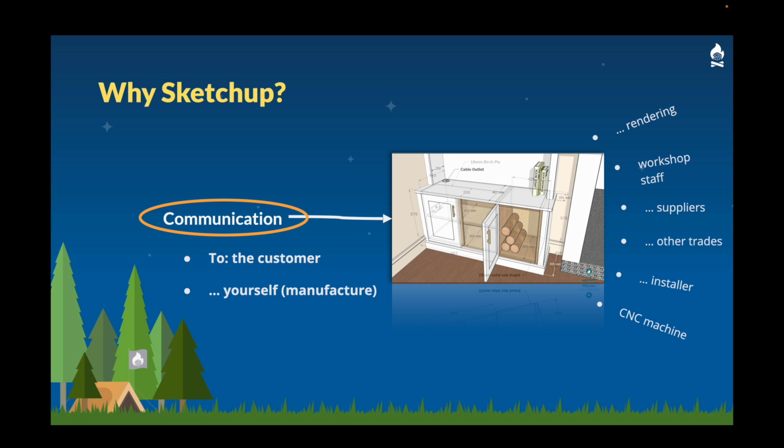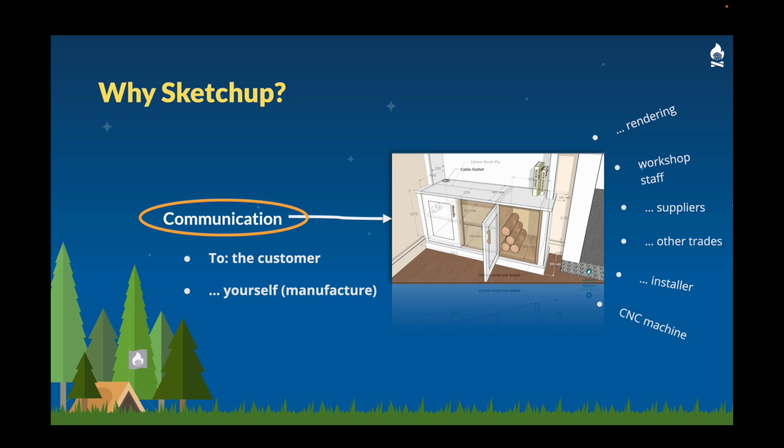But as you grow in this sort of business, there are a lot of related parties who you'll need to communicate to. And again, SketchUp I feel is very strong for that. You can send it as a 3D model for rendering. We at Freebird give our workshop staff direct access to the SketchUp model at no extra cost. We can share it on the Trimble cloud service.